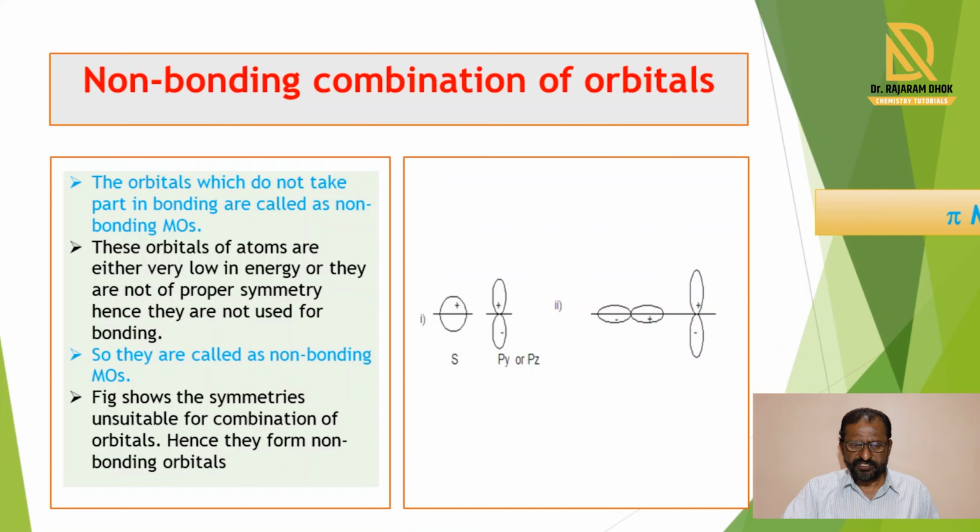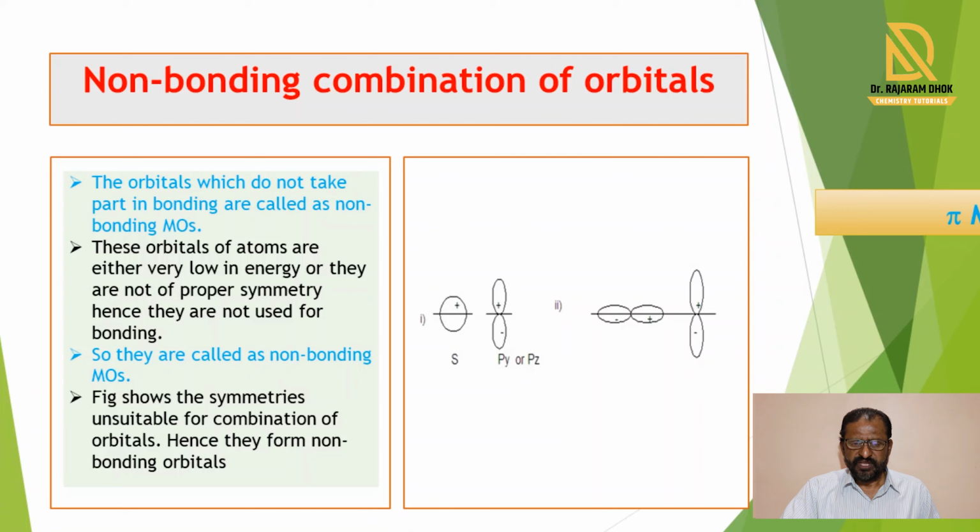You see here this diagram. We have taken the example of an s orbital, which has a plus wave function, and the other is a p orbital, which may be py or pz. In the py orbital, one lobe has a plus wave function and the other lobe has a minus wave function. When the s orbital's plus wave function meets the py orbital's plus wave function, there is possibility of combination. When the s orbital's plus wave function meets the p orbital's minus wave function, there is repulsion.